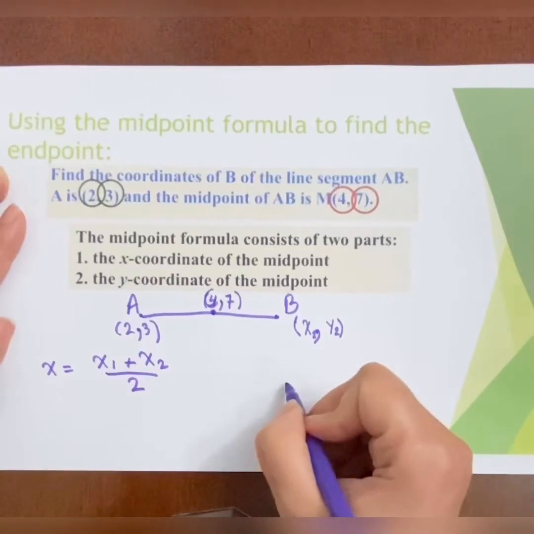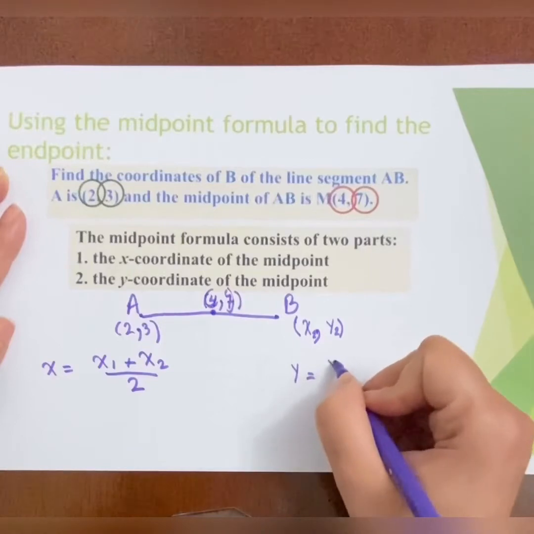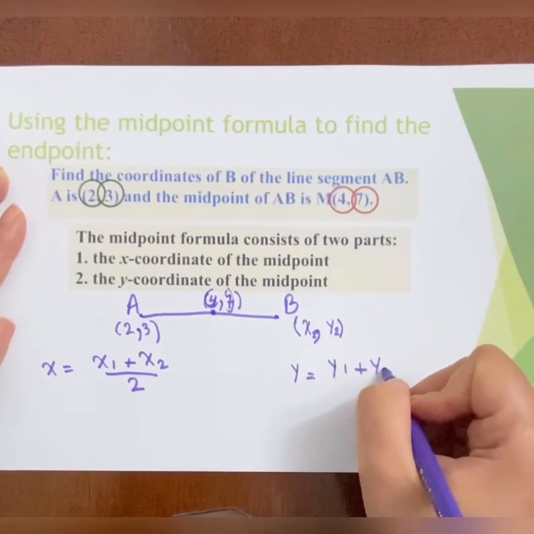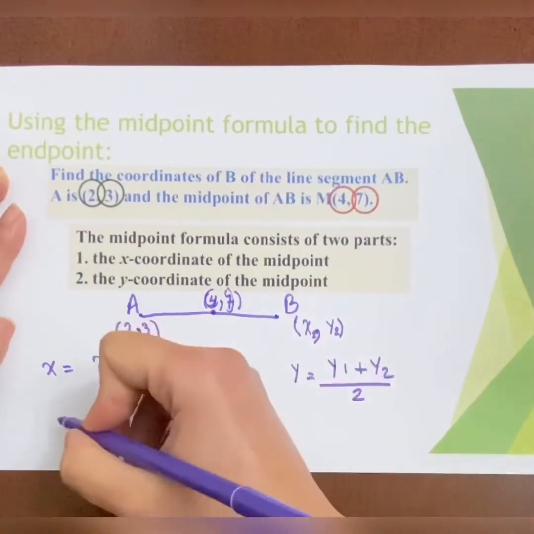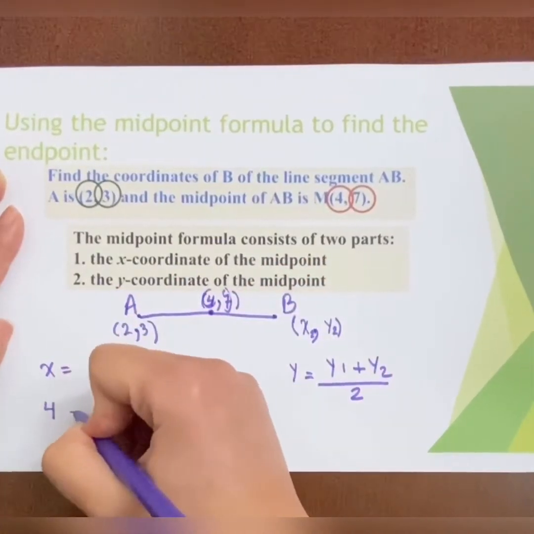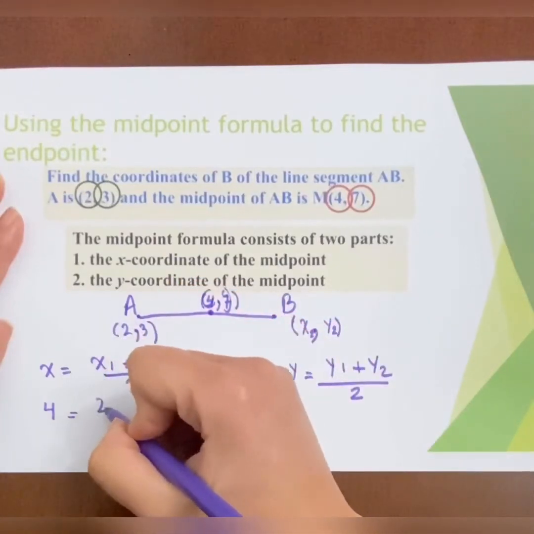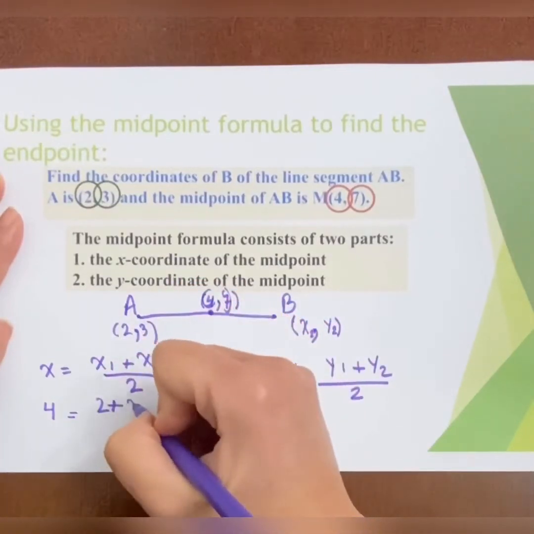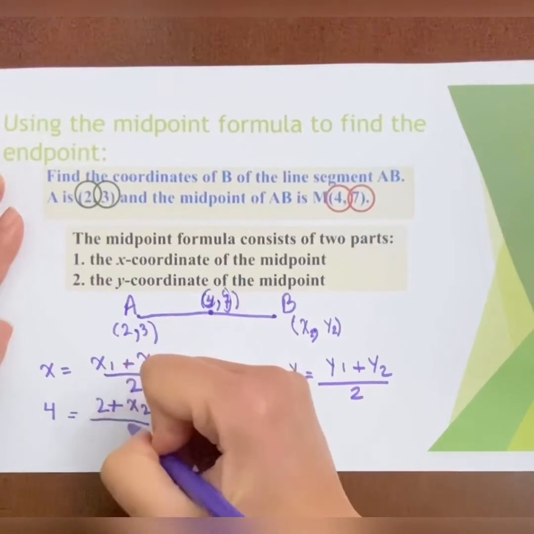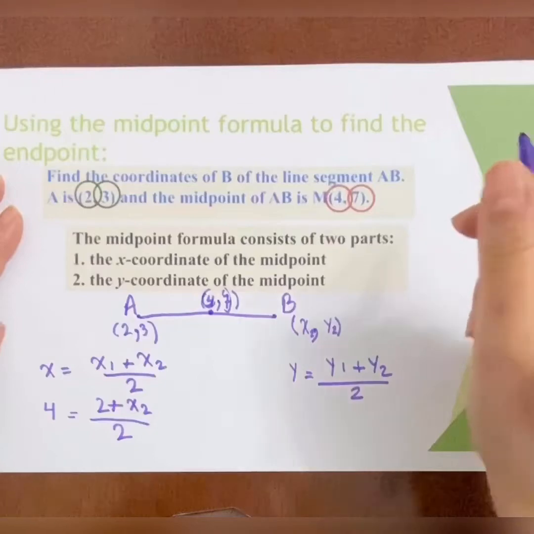And here, this is y. y equals y1 plus y2 over 2. What is x? We said it's 4. What's x1? I know it. It's 2. Do I know x2? No. How do we solve such an equation?